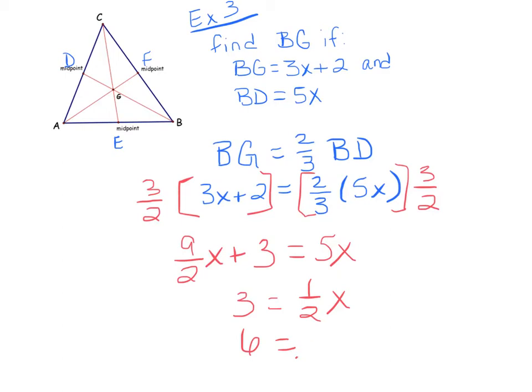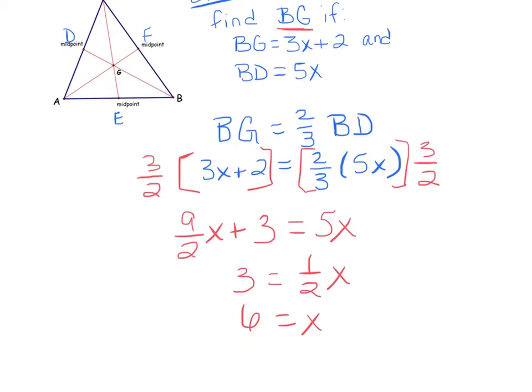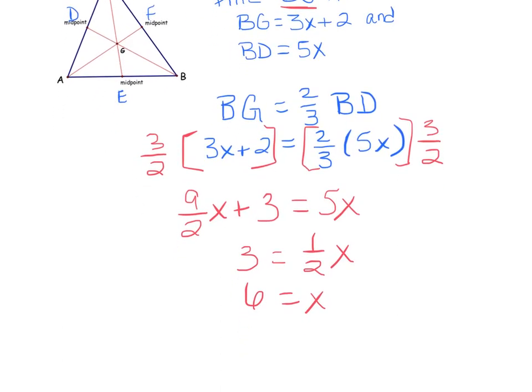Well, the problem is we weren't just asked to solve for x. So remember, make sure that you're reading carefully, that you're solving for everything that you're asked to find. We were asked to find BG. So now we have to make sure that we substitute back in our 6 for x. So 3 times 6 plus 2. So I get 18 plus 2, that's 20.